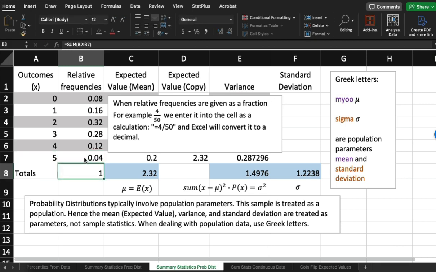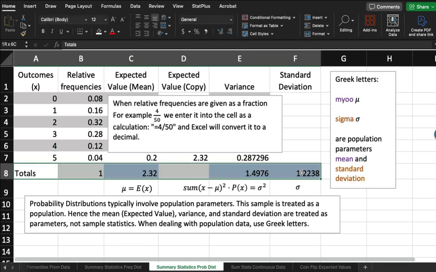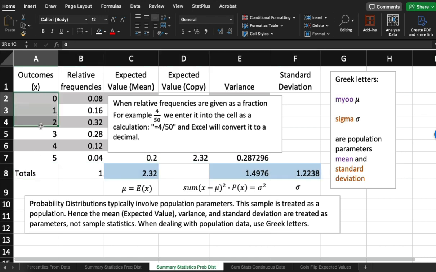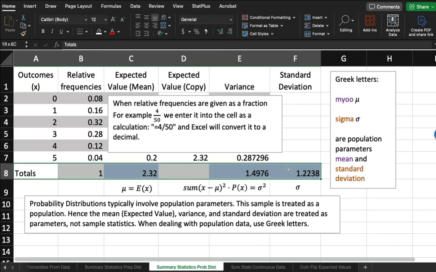Down here, notice that my totals row is in row 8. If you're going to be doing this with your own data, you may have your totals row further down. It all comes down to how many values of X you actually have. My table is pretty short. There's only 6 distinct outcomes, 0 to 5. You may have more than that, but I'm going to be referring to the totals row as row 8.